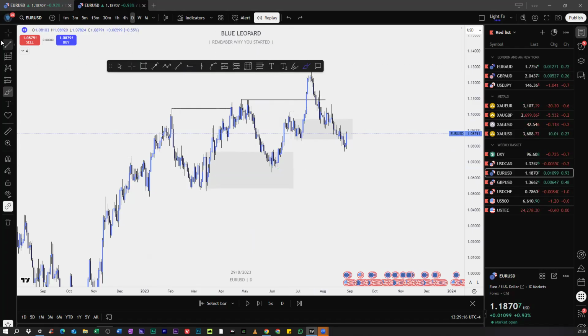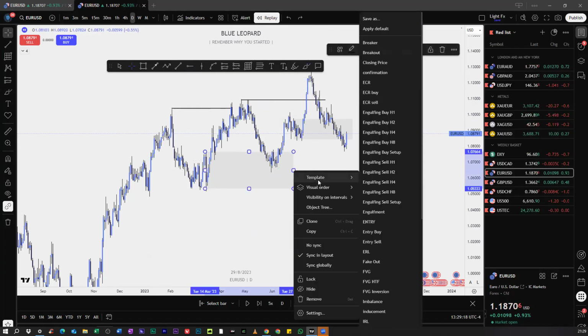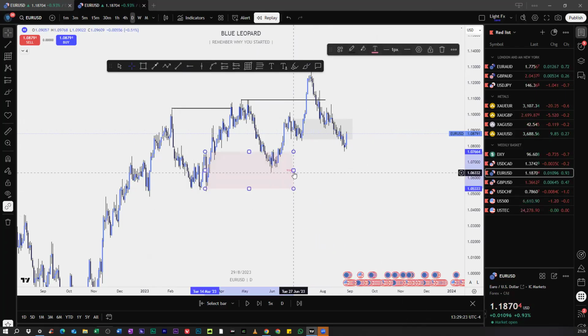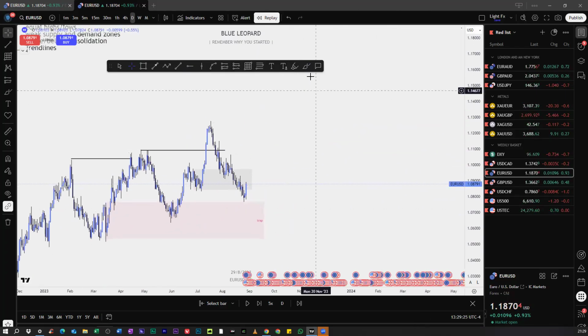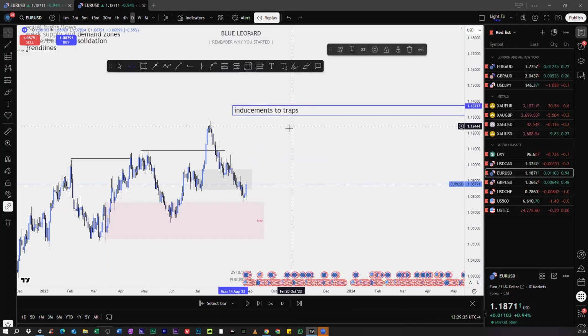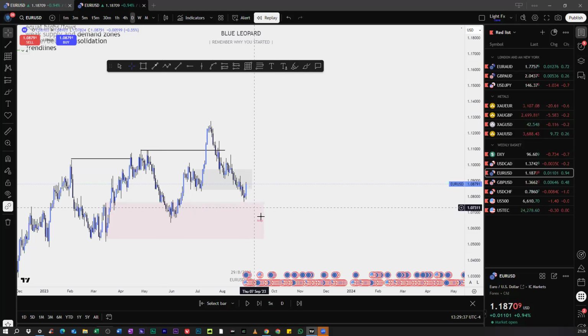This is not a supply and demand, you will call it a trap. You have to target traps. So you go from inducement to traps. This is how you trade. You take from inducement to traps. Why?